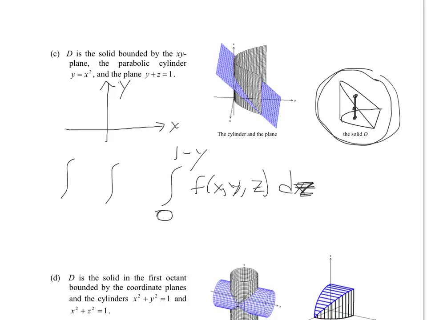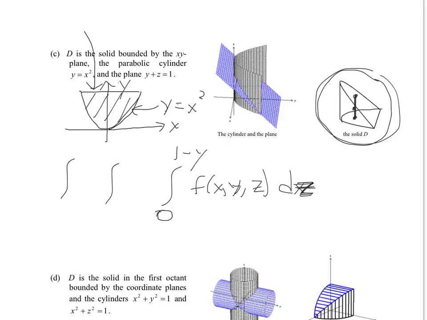If we look down at this solid from above, what we see is a shadow that basically looks like this. So that's a region that lies inside of a parabola, and that of course is the parabola y equals x squared, as well as lying below a certain horizontal line.